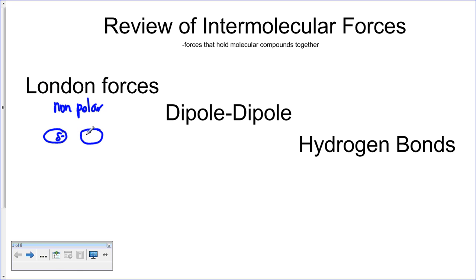This leads to a charge separation in a neighboring molecule, where the electrons in this molecule will move away because they repel the electrons in the neighboring molecule, leaving a charge separation within the molecule, and then there's an attraction from the slightly negative end of one molecule to the slightly positive end of another molecule. These forces are very, very weak, and they are formed and broken very, very easily, and therefore they will lead to weak intermolecular forces.